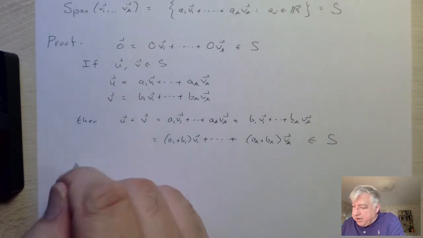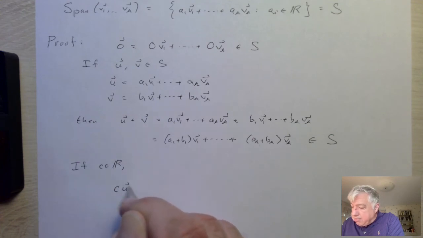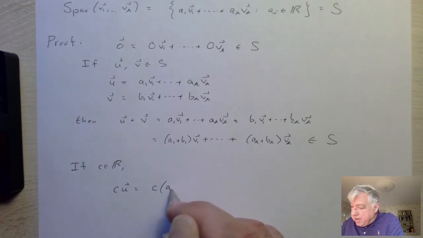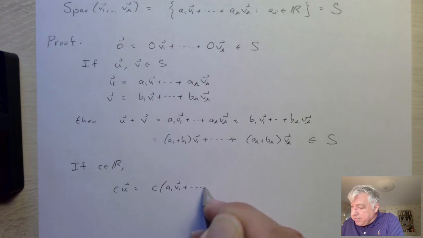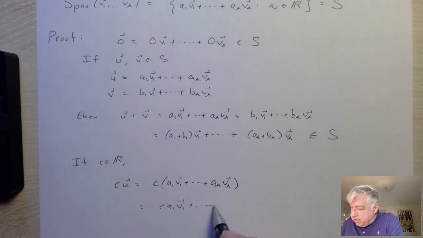And similarly, if c is a real number, cu would be c times a1 v1 all the way up to ak vk. And we can write this as c a1 v1 plus dot dot dot plus c ak vk.